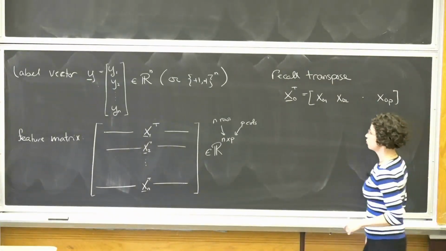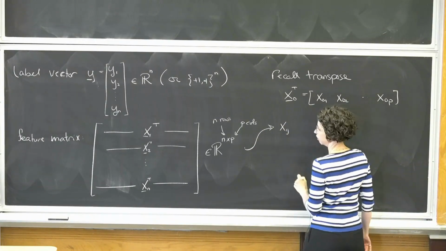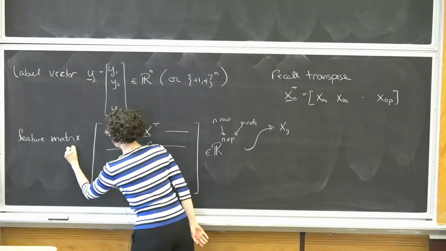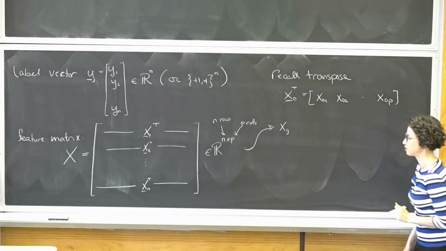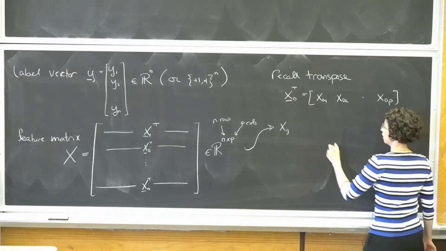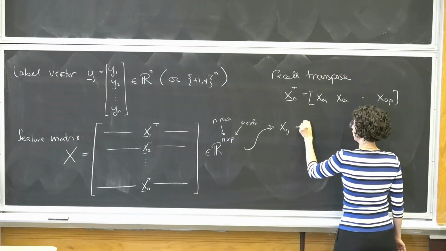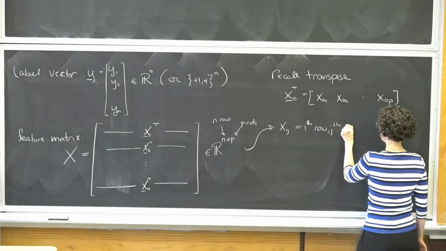Okay, so in this matrix, first of all, I'm going to call this matrix capital X. I'll try to be clear about capital versus lowercase x's on the blackboard, but if it gets confusing, let me know. So in here, xij is equal to the ith row, jth column.